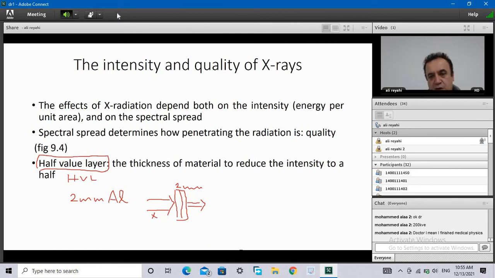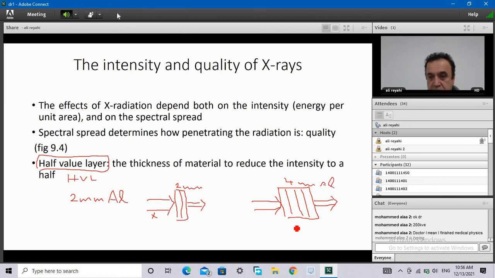Another example, I have another X-ray with an HVL, or half value layer, of 4 millimeter of aluminum. That if I put in front of X-ray beam, it reduces its intensity to half. 4 millimeter aluminum.